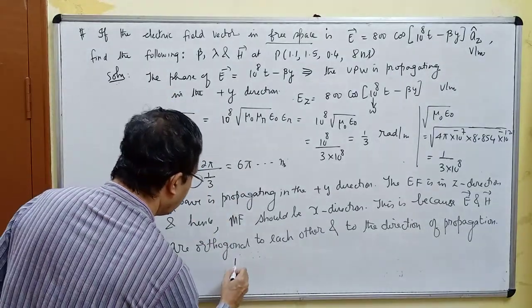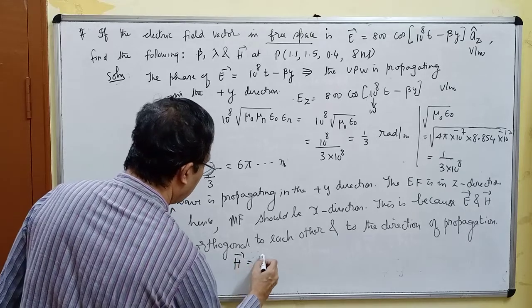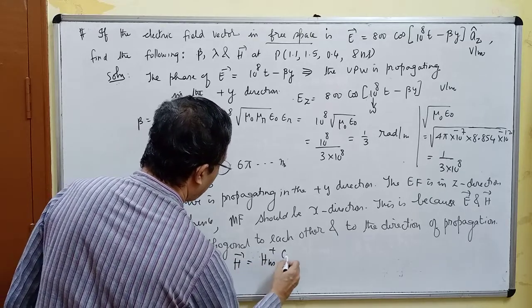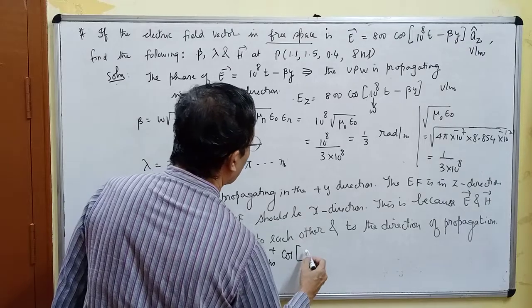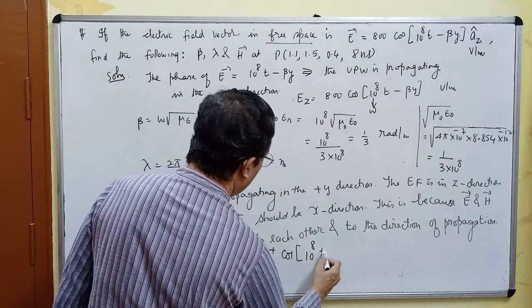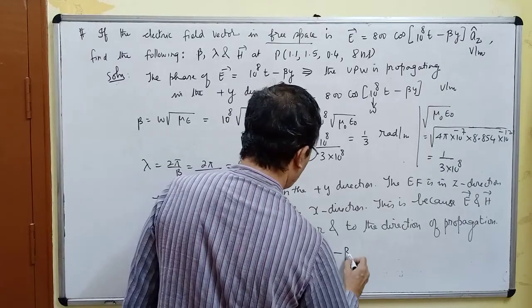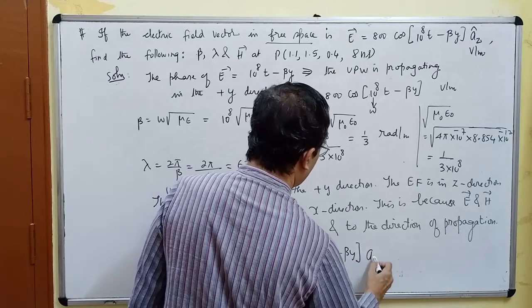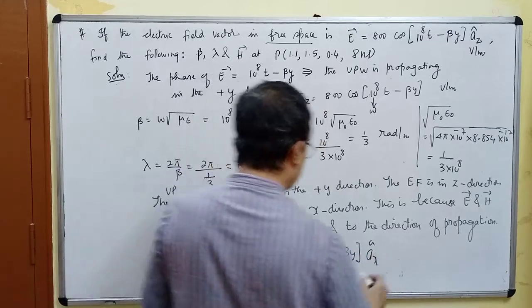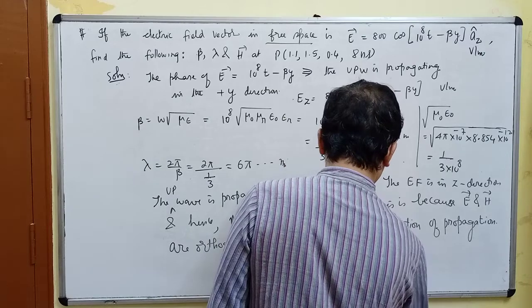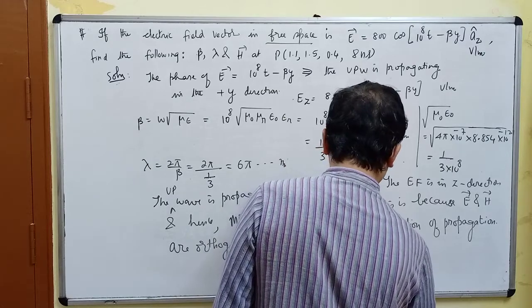Therefore, vector H is equal to Hm plus cos of 10 to the power 8 into t minus beta into y into ax cap. What is Hm plus?